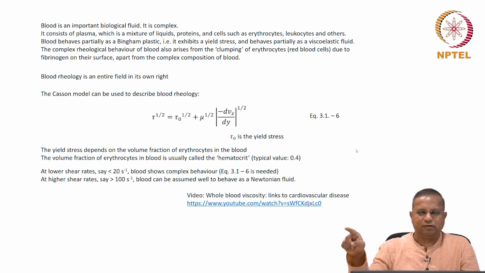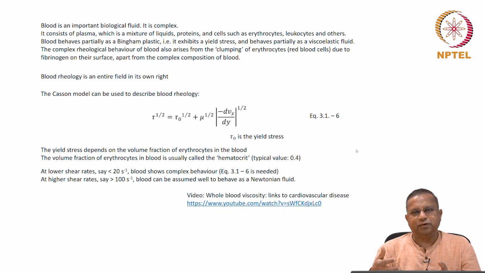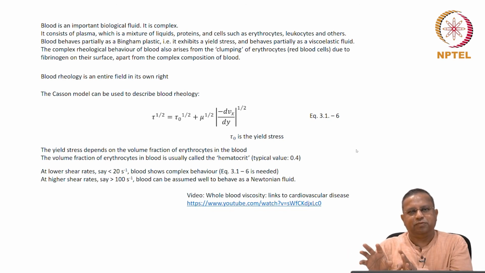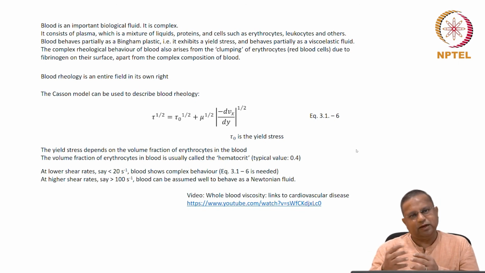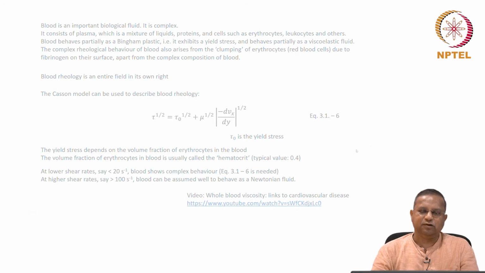Then a pseudoplastic fluid, a dilatant fluid, and then we went into fluids whose viscosity depends on the shear rate, viscoelastic fluid, and also there could be a time dependent variation. And then we briefly looked at blood, which is a highly complex fluid, rheologically speaking, and even otherwise it's a highly complex fluid, and the Casson model is used to describe that.